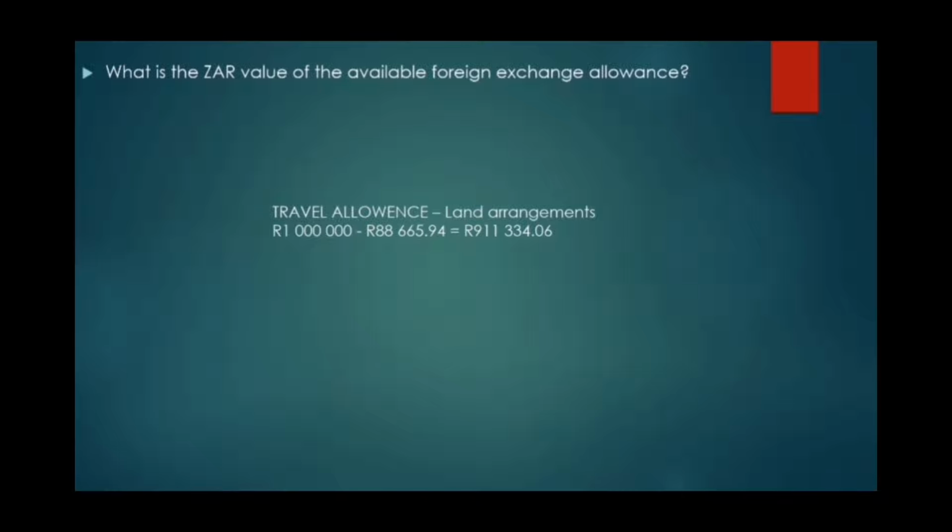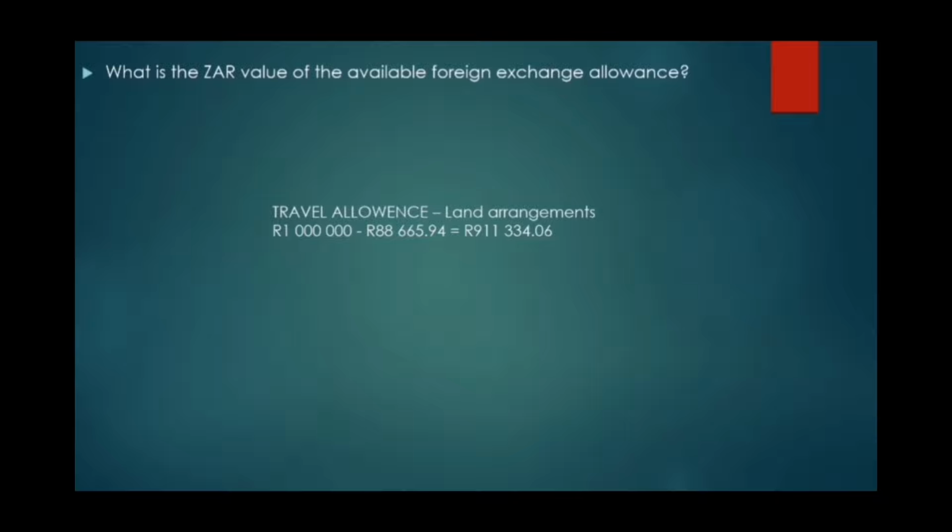discretionary travel allowance of 1 million rand. Remember, we will then assume that Mr. Zwane has not traveled before, right? If Mr. Zwane had traveled before, the instruction would have said Mr. Zwane traveled before, he went to wherever country, and upon his return he was left with a travel allowance of maybe 100,000.